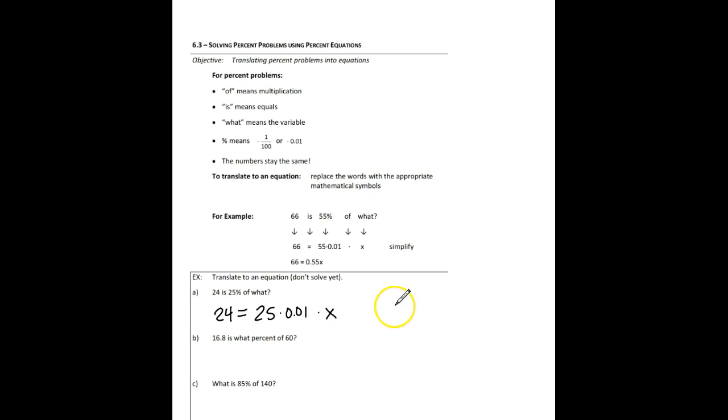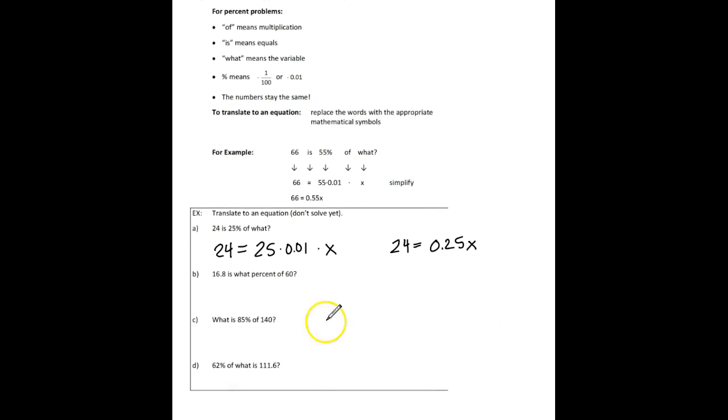And when I simplify that, I get 24 equals 0.25x. That's what I get when I multiply 25 times 0.01, and then times x. That was very similar to that example.